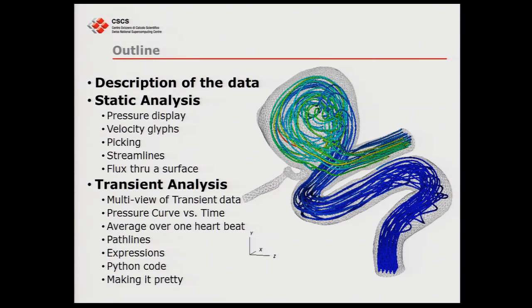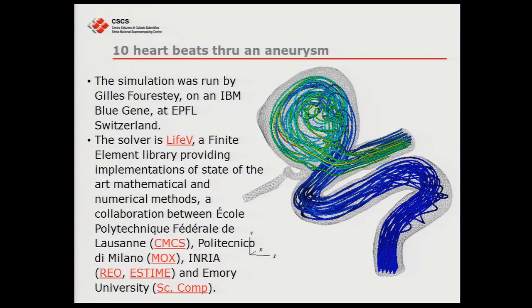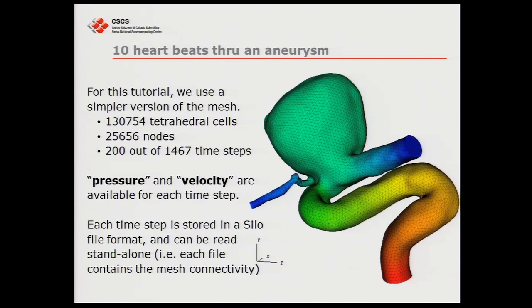And then we'll do some transient analysis doing the following things. The data was actually calculated by one of our staff members here. This is Gilles Forestier, calculated at EPFL on the IBM. This is the result of a solver called Life V or Life 5. I never know which one to say.